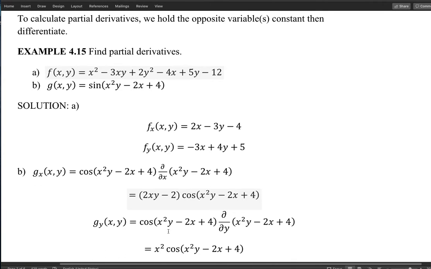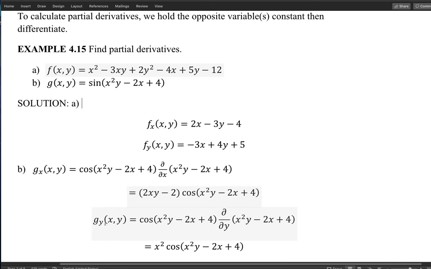Then the partial derivative with respect to y. We are going to have cosine first. Then this time, we take the partial derivative with respect to y of the inner part. Here, x squared is considered constant, like 3y, the derivative is 3, 10y, the derivative is 10. So the derivative of x squared times y is x squared.